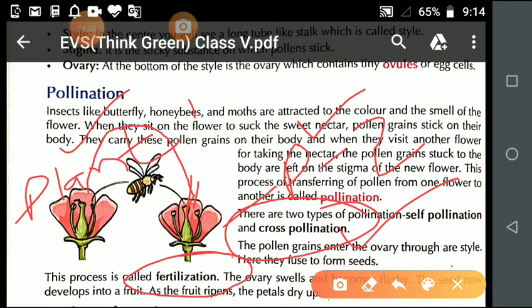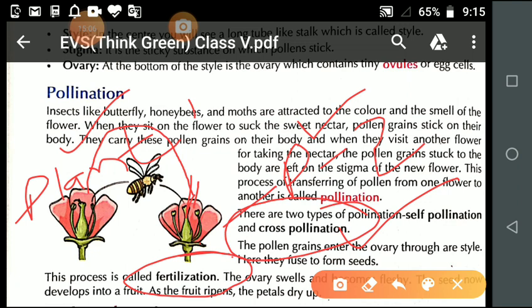Now student, each seed contains a tiny undeveloped plant called an embryo. When I explain the structure of a leaf, I will explain this in detail. Now see what happened after the pollination. Fertilization occurs after pollination.